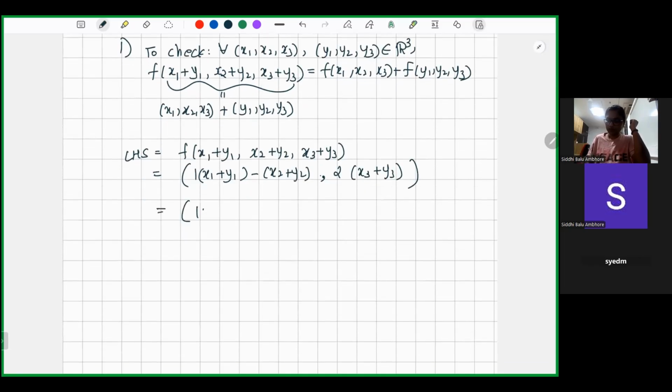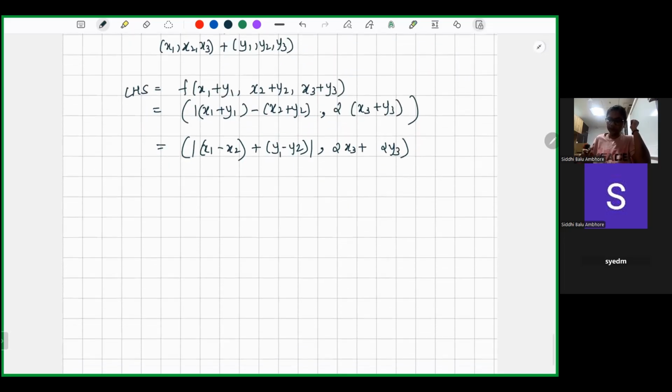So this is mod of x1 plus y1 minus x2 minus y2, comma 2x3 plus 2y3, and that's it.